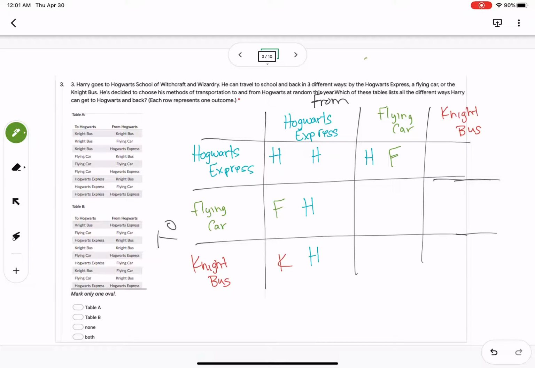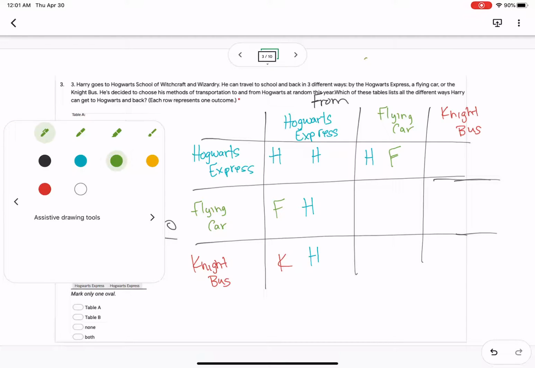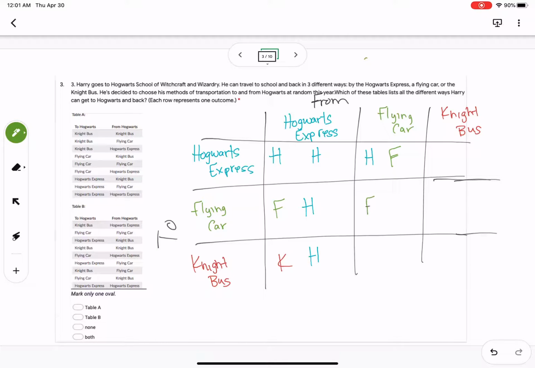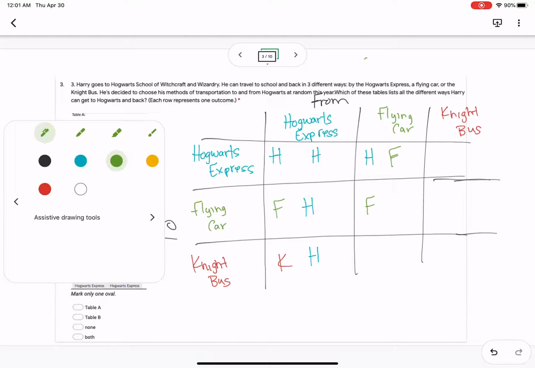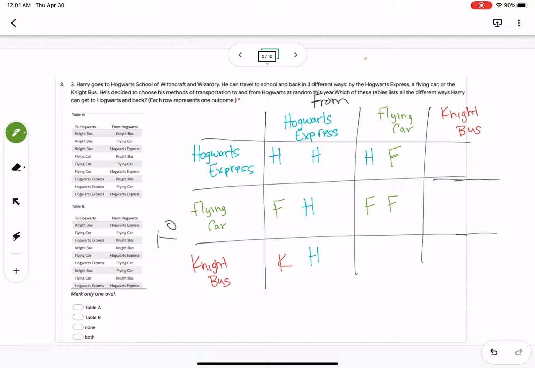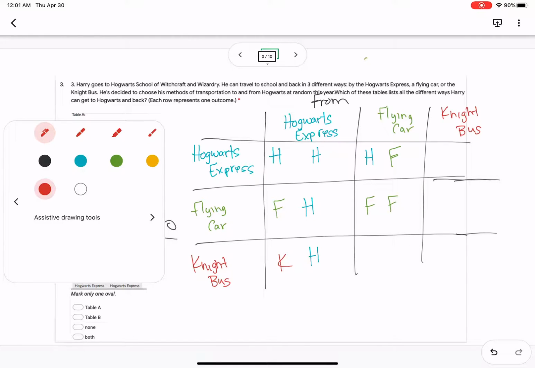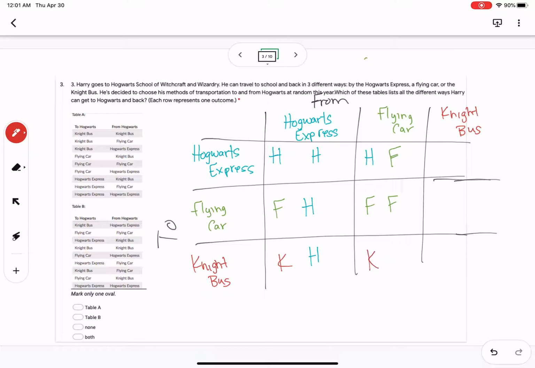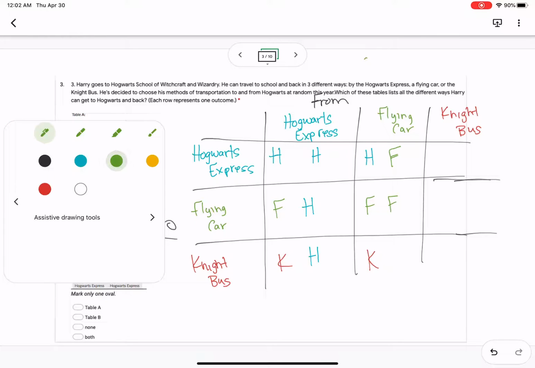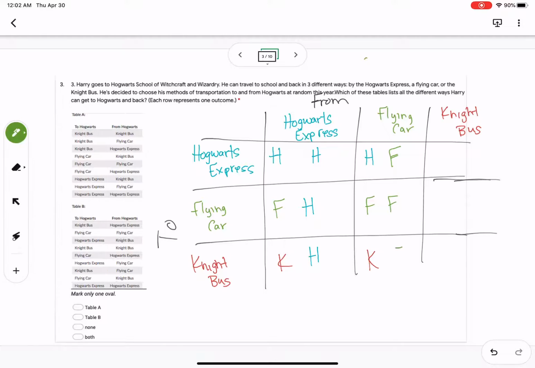Y'all see what I'm doing here? Okay, so then he could go to with the flying car and back with the flying car. Could go to with the Knight's bus and back with the flying car.